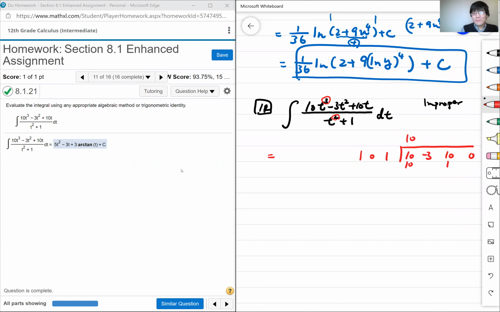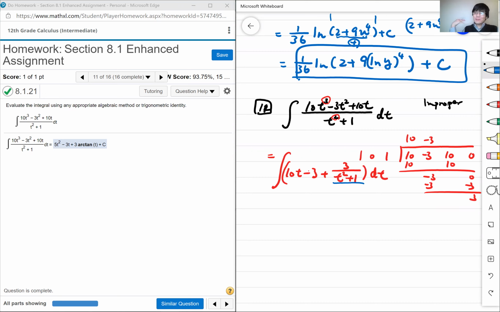So it's going to be 10t, and it's going to be negative 3. And so that's going to be the remainder. So it's going to be 10t minus 3 plus remainder over t squared plus 1. Okay. Now you see that for this one, the derivative of the denominator is not equal to the numerator, but you see this is an antiderivative, this is an arctangent case.